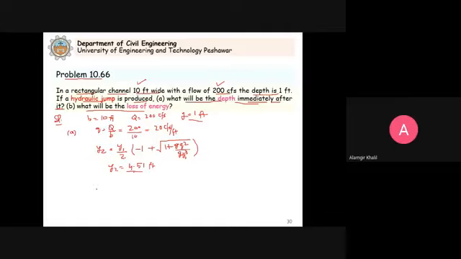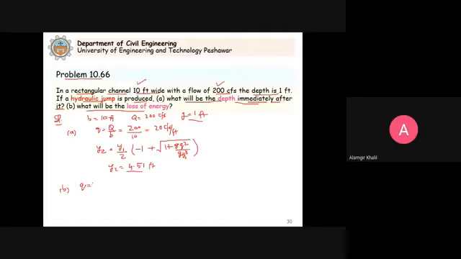Clear? And in part B of the question, what will be the loss of energy? So for the loss of energy we need to calculate the specific energy at the two sections. If we can calculate before and after the jump, then the difference will be the head loss. So we already have the discharge.